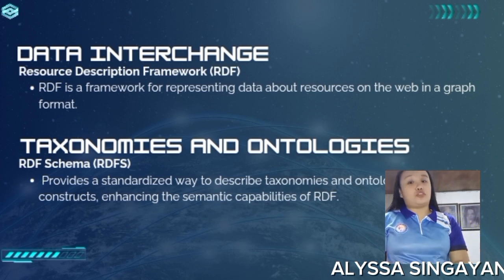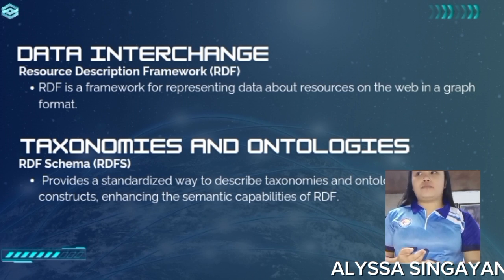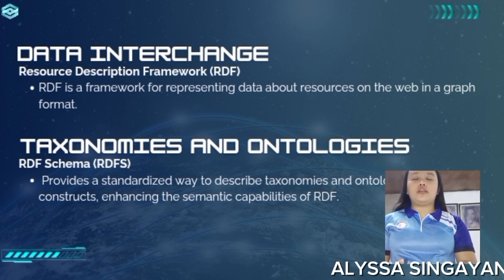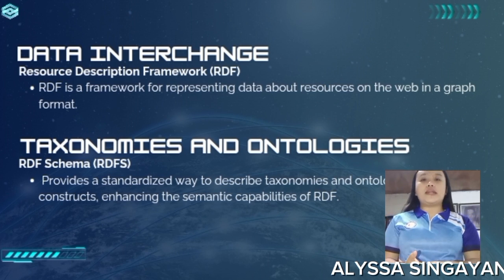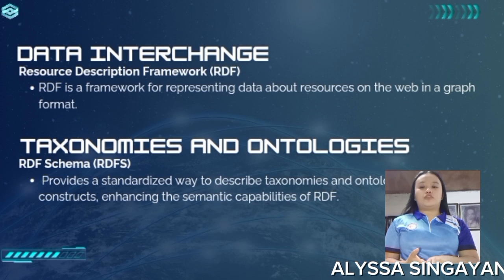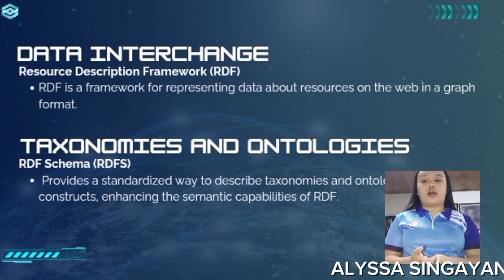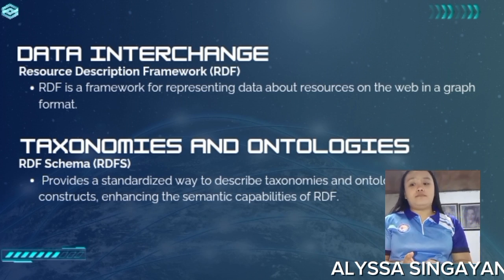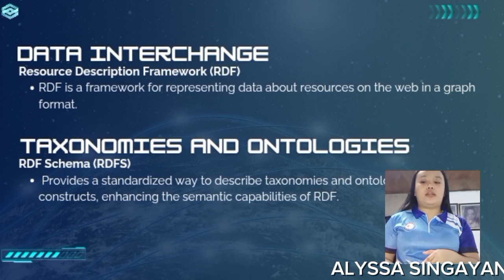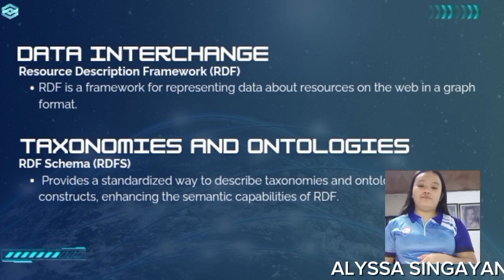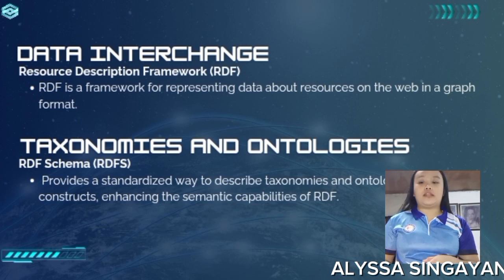Next is taxonomies and ontologies. Taxonomies: RDF Schema, or RDFS, allows more standard description of taxonomies and other ontological structures. RDFS helps organize information into categories or relations, like a library catalog that shows how books are related.